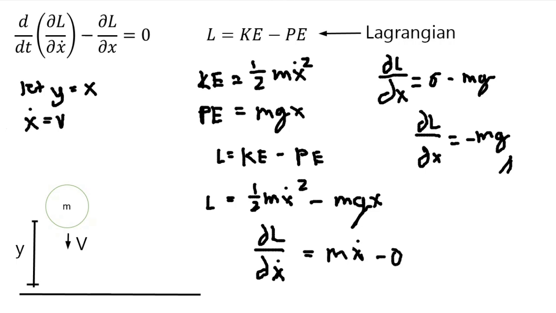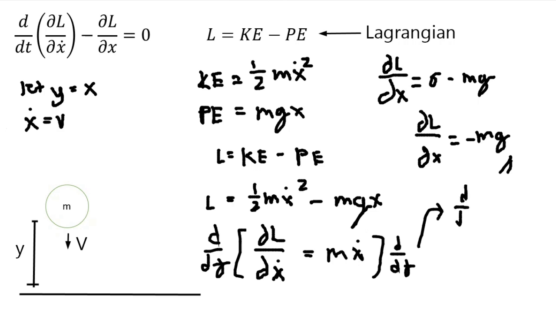So now we have this. What we can do now is take its derivative with respect to time. So that's going to be d over dt. We take the derivative with respect to time of the partial derivative of L with respect to x dot.